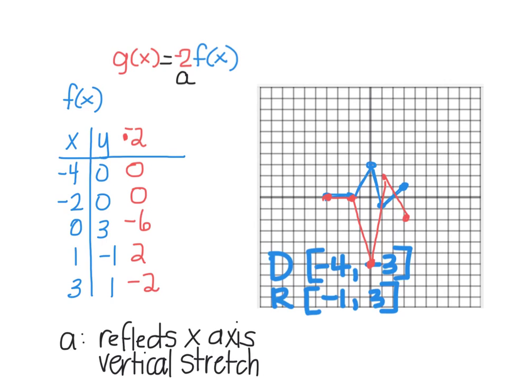So lastly, let's look at the domain of the red and the domain of the blue. The domain of the blue isn't changing. It's my parent, and I've already written it on here. The domain of the red is going to be, again, left to right. So my domain isn't changing.